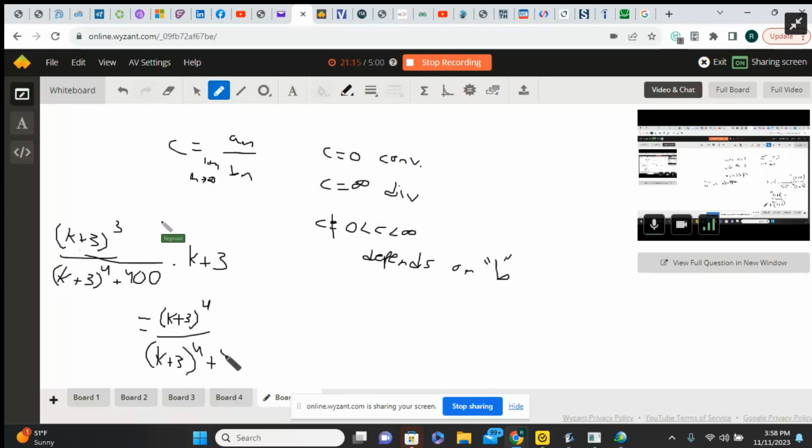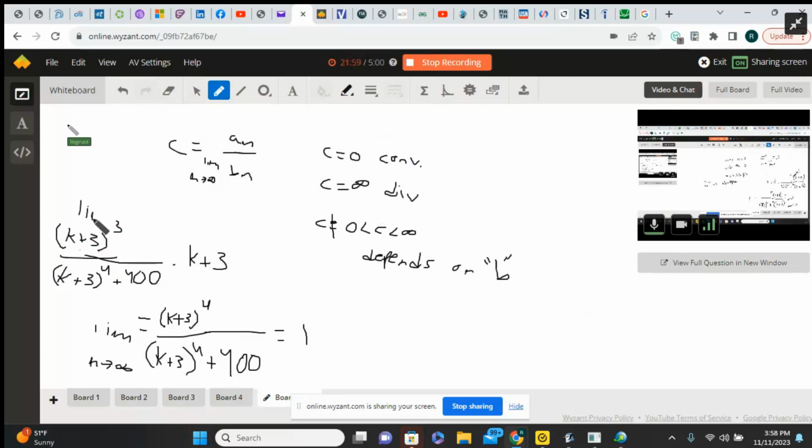So the limit as n goes to infinity. Let's use L'Hopital's rule, so we end up getting 1. Think about it, the 400 goes to 0 because it's a constant. So the limit as n goes to infinity of this thing is 1.